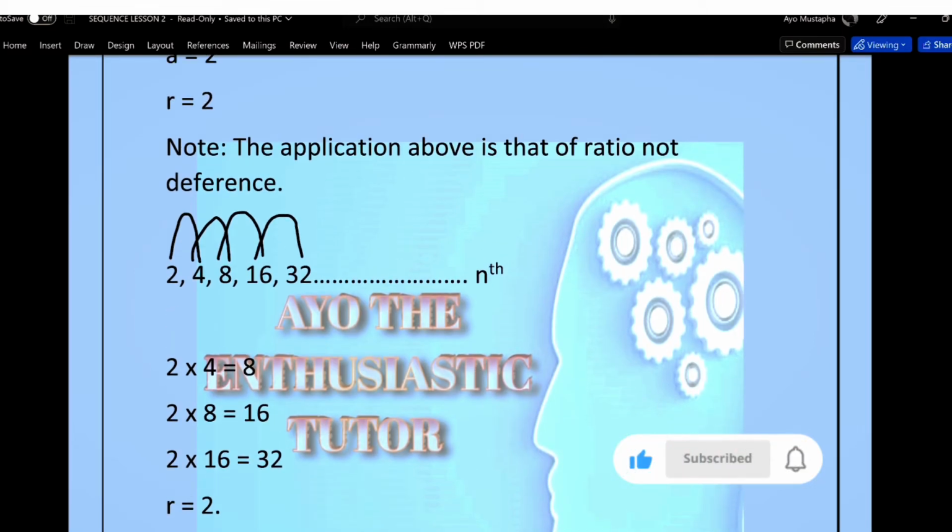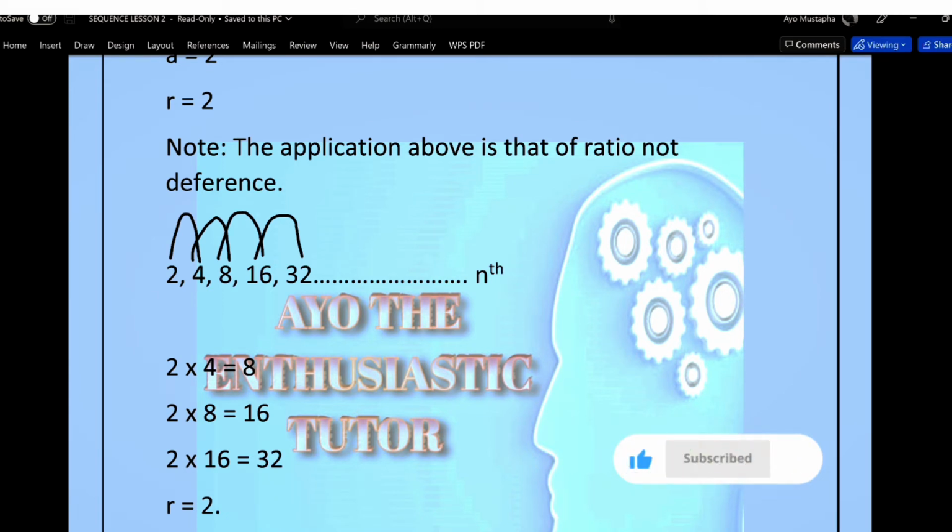Let me take that again. To get the ratio of the sequence, we have to think of a figure that can multiply our term and gives us the next term in line. And after the brainstorming, what we arrive at is the figure 2. 2 does it for this progression, for this sequence.